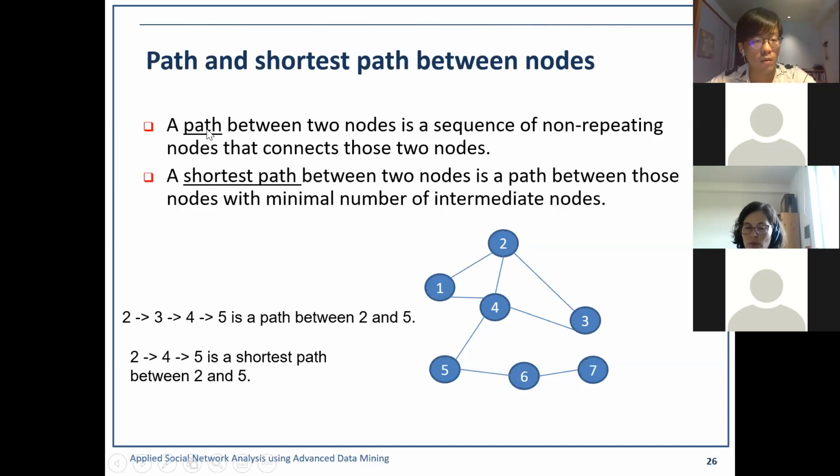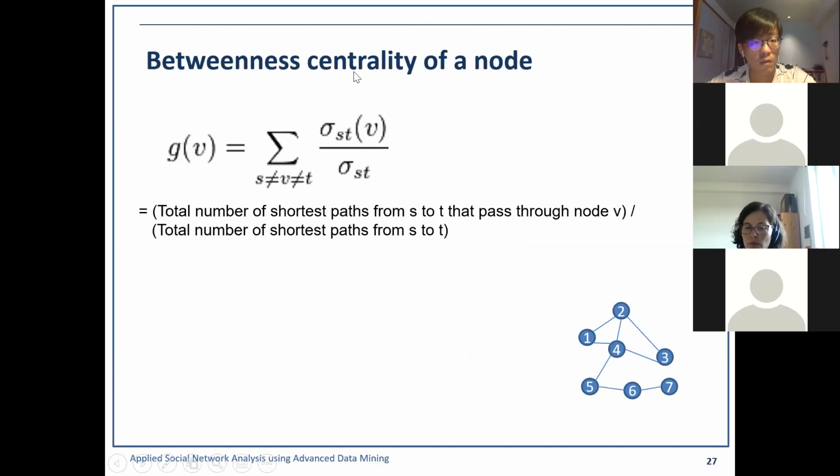Okay, so we introduced the concept of path and shortest path, and having done this preliminary work, we now can define the concept of betweenness.